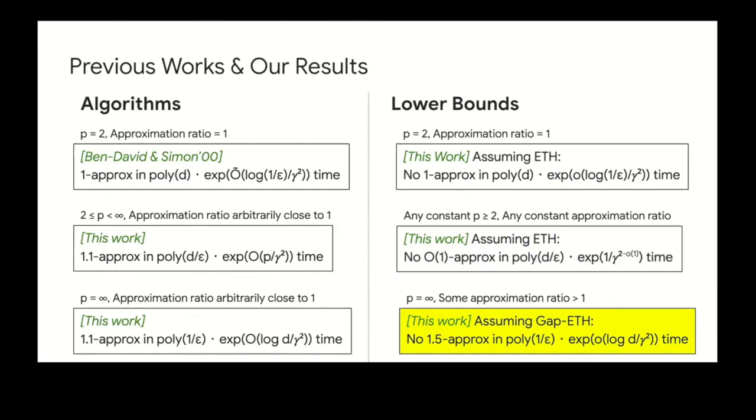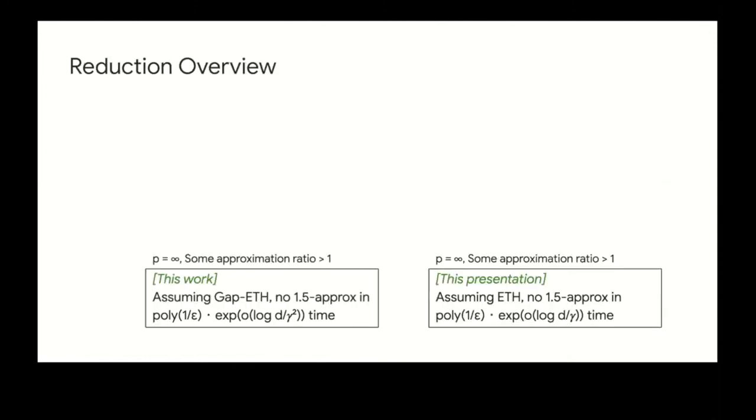For this reason, we will have to start from a hardness of approximation result. For this talk, I will just try to do something slightly different. Instead of wanting a lower bound of d to the 1 over gamma squared, like on the left, I will try just d to the 1 over gamma, which is the one on the right.